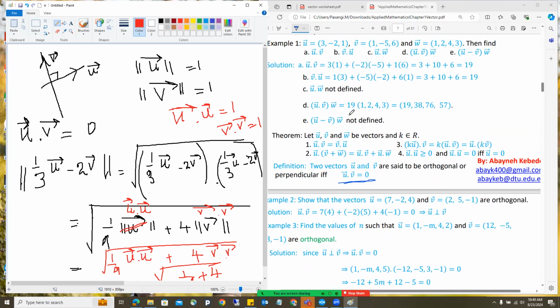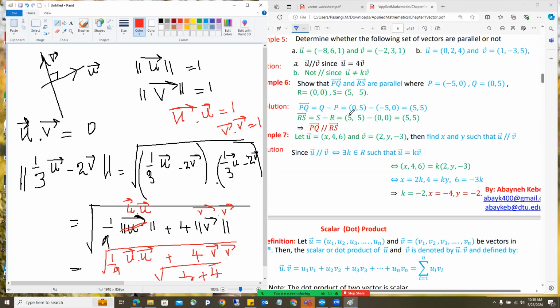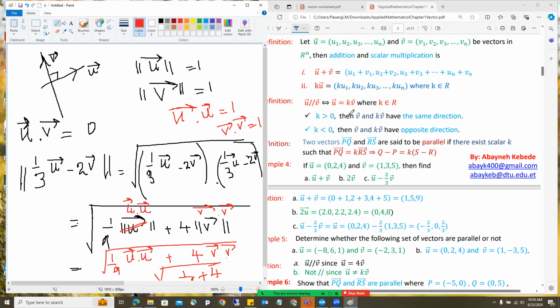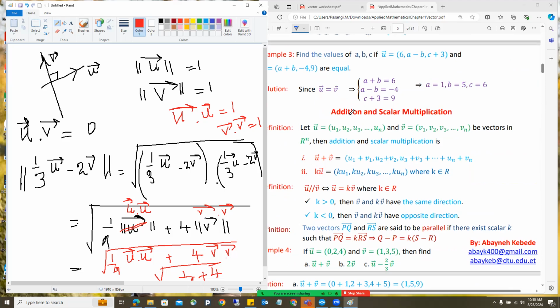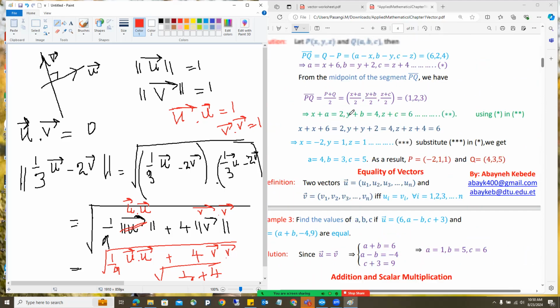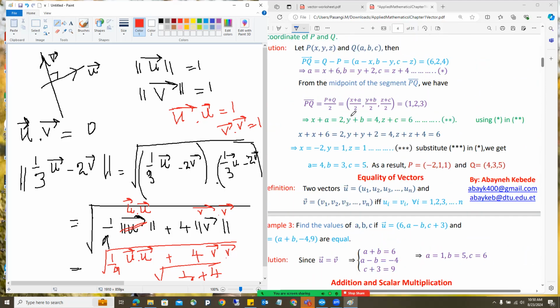Here we are talking about the magnitude for the first time, no? Which means how we define that one.